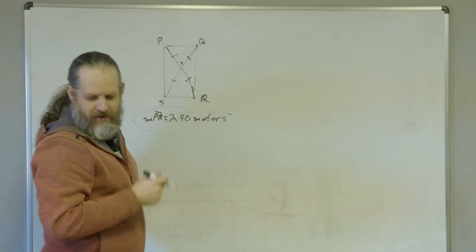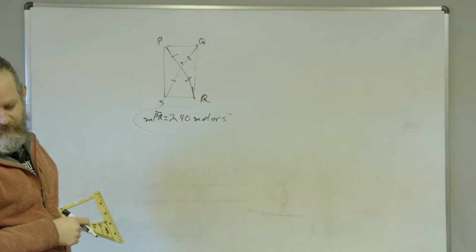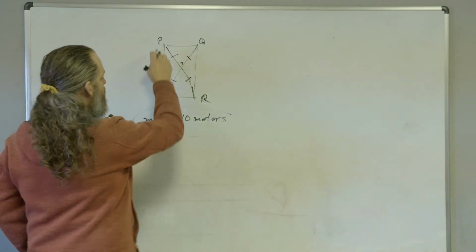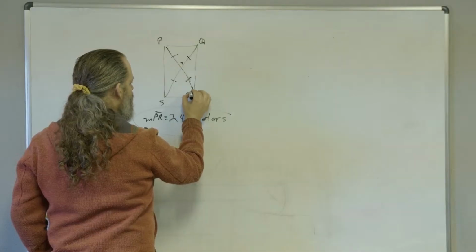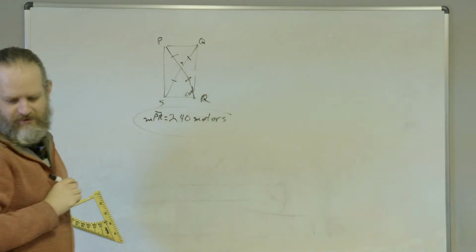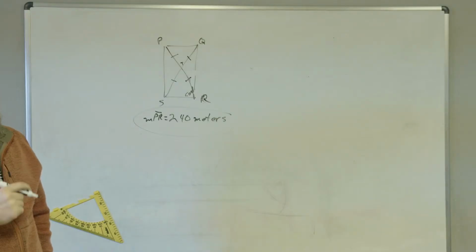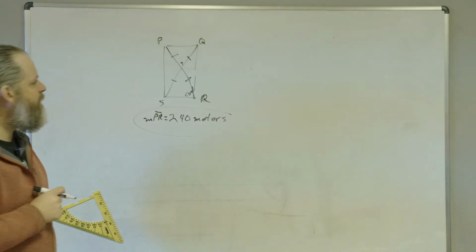It says that if angle PRS is 64, we unfortunately have to assume degrees because the book is dumb. So PRS, this one, is 64 degrees. Find the measure of angle SQR.